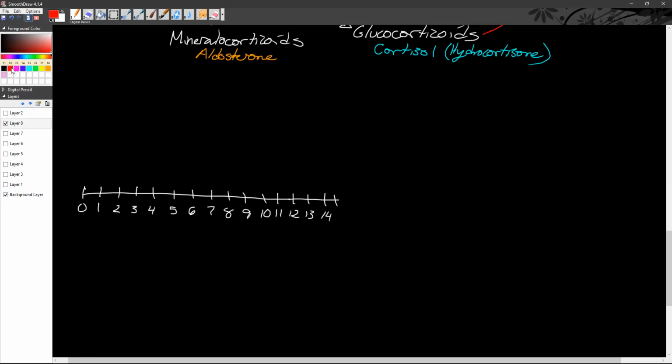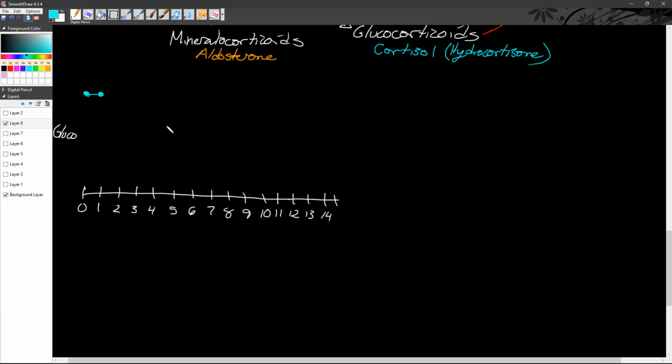What we can measure is the amount of glucocorticoid that's in the body. On a normal day, you would have a normal amount of glucocorticoid, right? So here it is, floating around the body doing its thing.